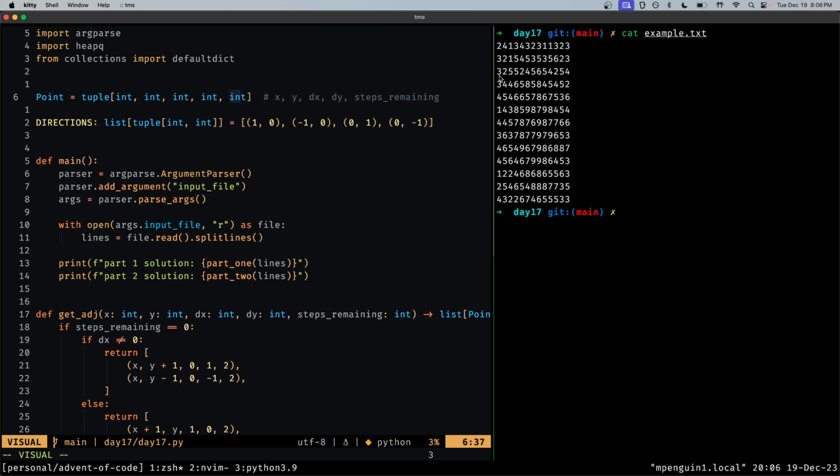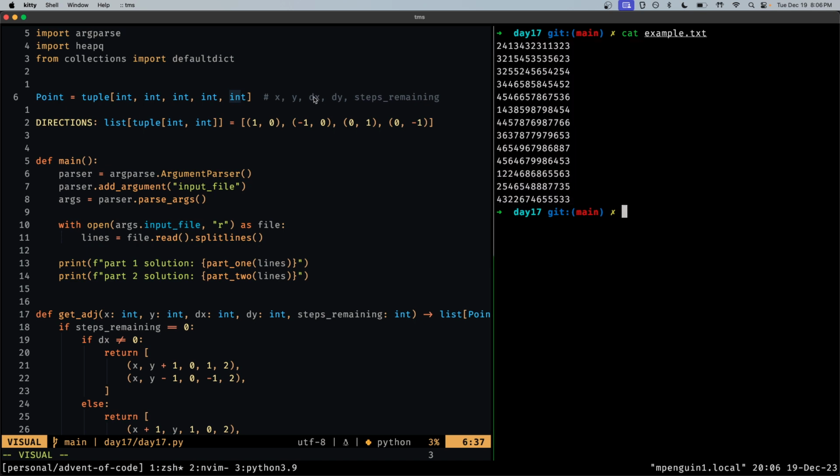So that is the most conceptually complex part of this problem, that we can't just search over a graph that contains these points.